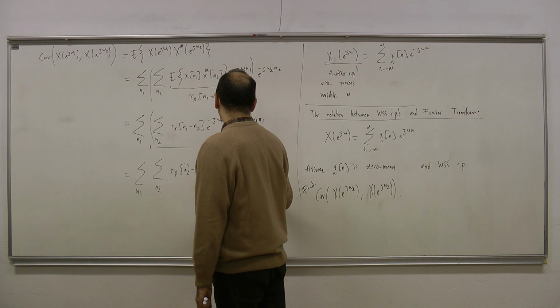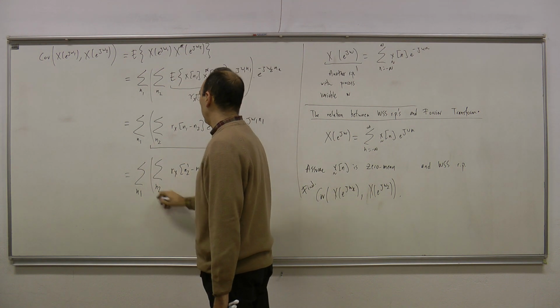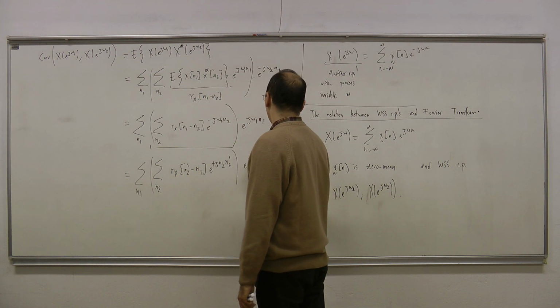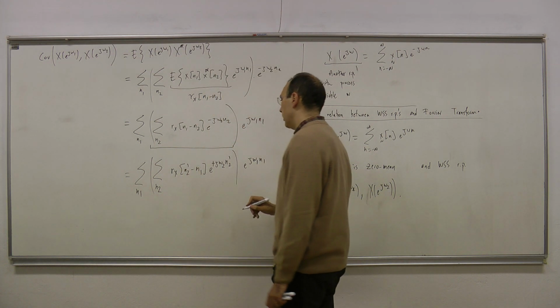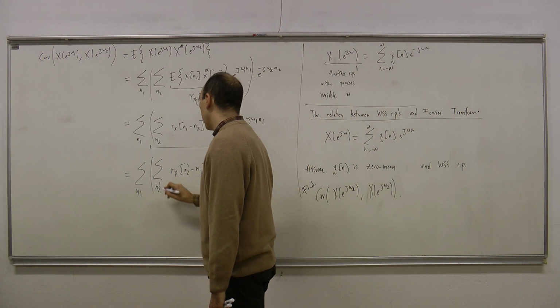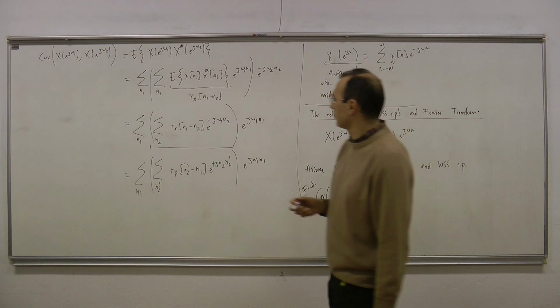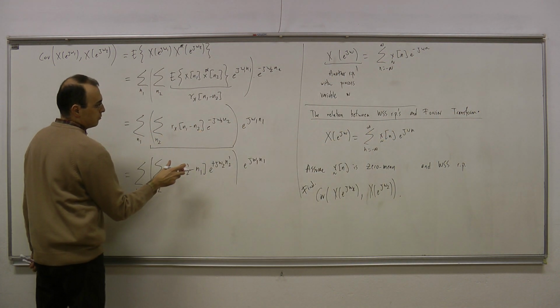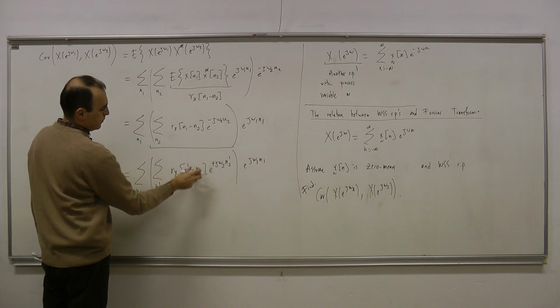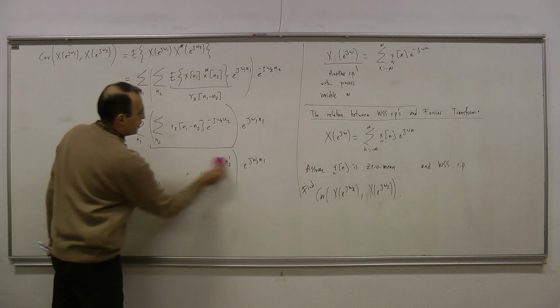Sorry for the confusion, but this is just n2 prime, omega 1 n1. So n2 prime, again, n2 minus n1. Sorry for this.